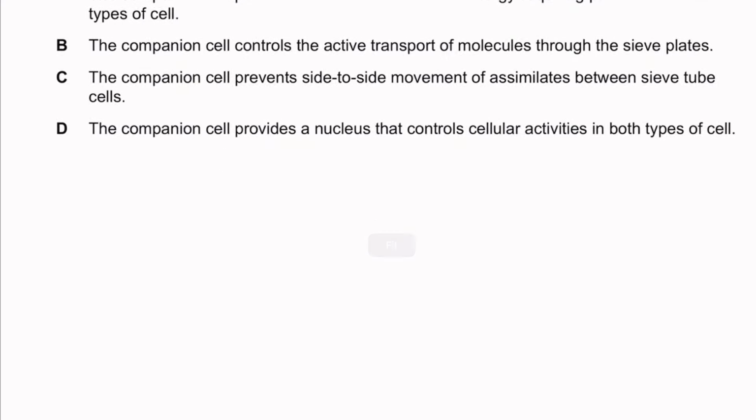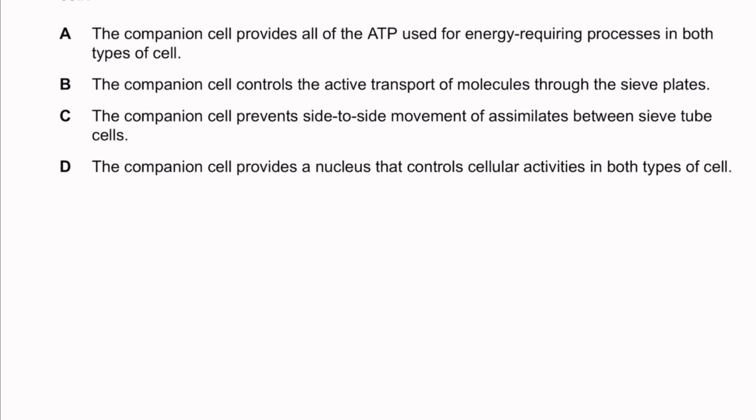Which statements correctly describe the association between a companion cell and a sieve tube cell? The companion cell provides all the ATP used for energy requiring processes in both types of cells. Actually, no, this is not the role of the companion cell. The companion cell will provide a nucleus for both cells. The companion cell controls the active transport of molecules through the sieve tube plates.